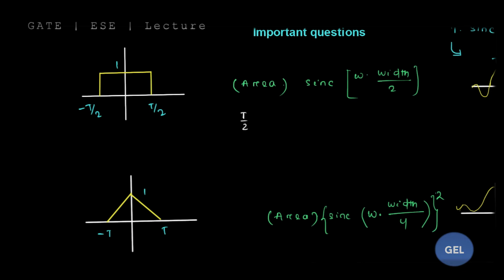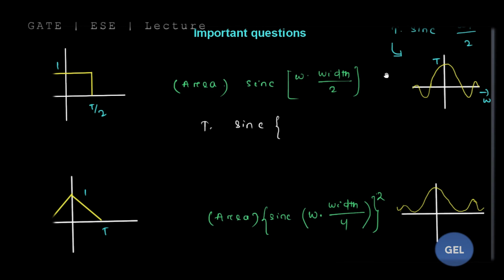Length into breadth: this length is T, into what is the breadth here? The breadth is 1, absolutely correct. So what is the area here? The area is T, and Sinc. What is the domain that you are going to present?